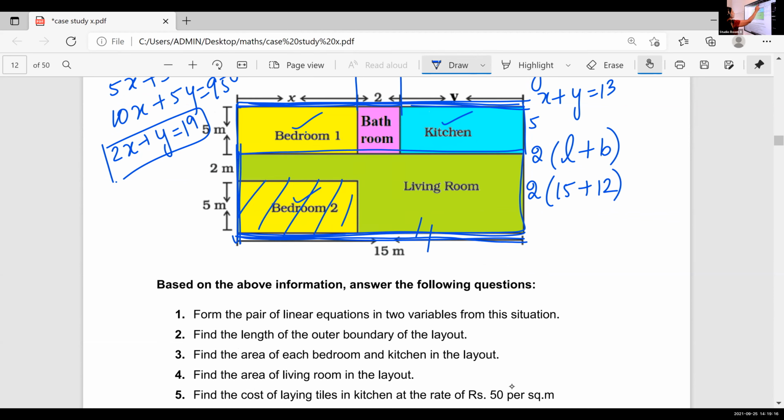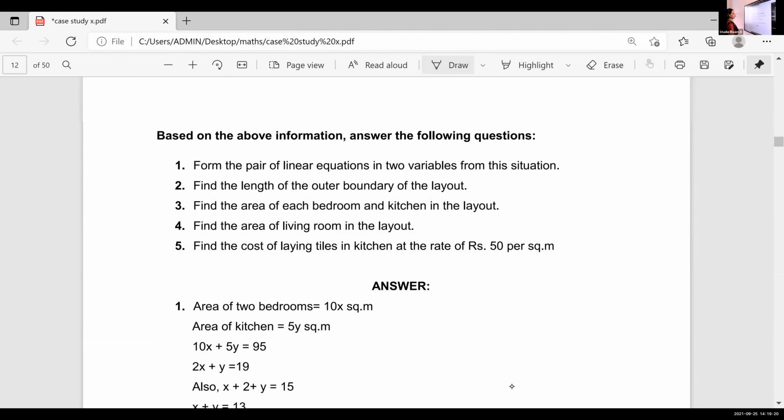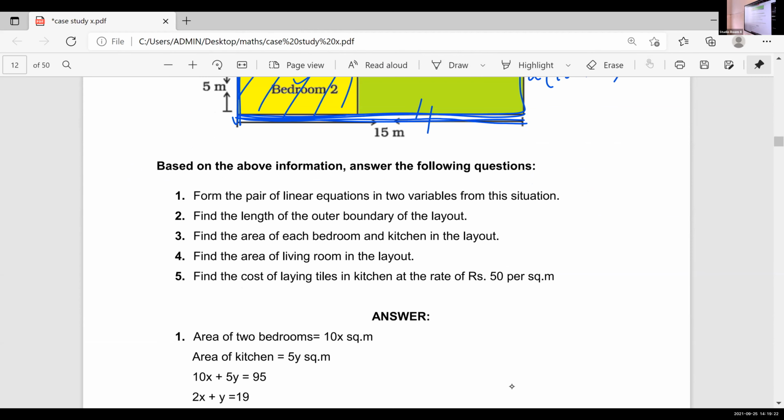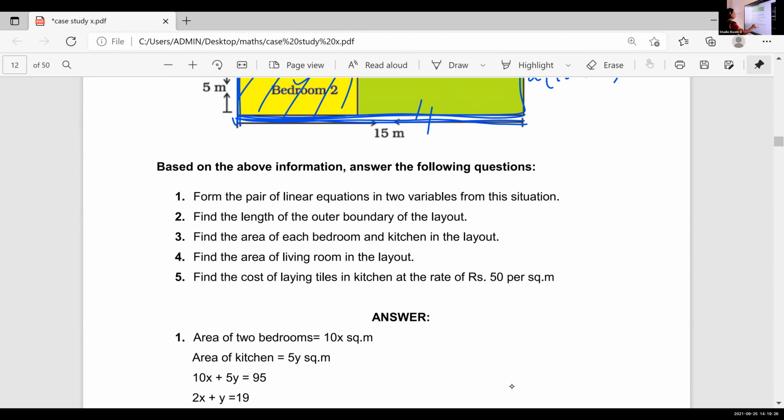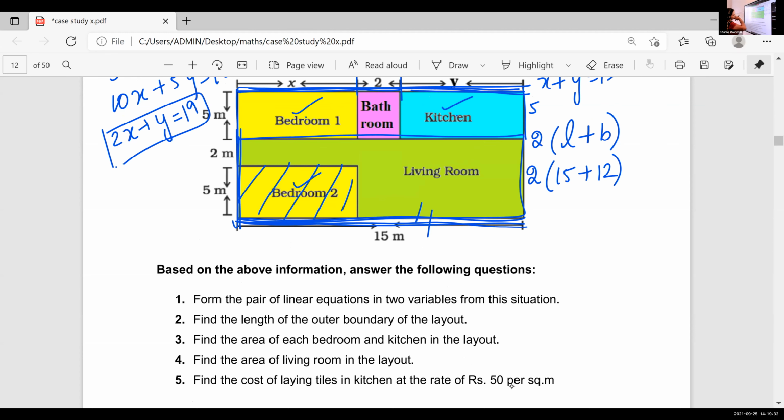Okay, then what is the next one? Find the cost of laying tiles in the kitchen at the rate of rupees 50 per square meter. So we want to find cost of laying tiles in the kitchen. So first you have to find the area, isn't it?